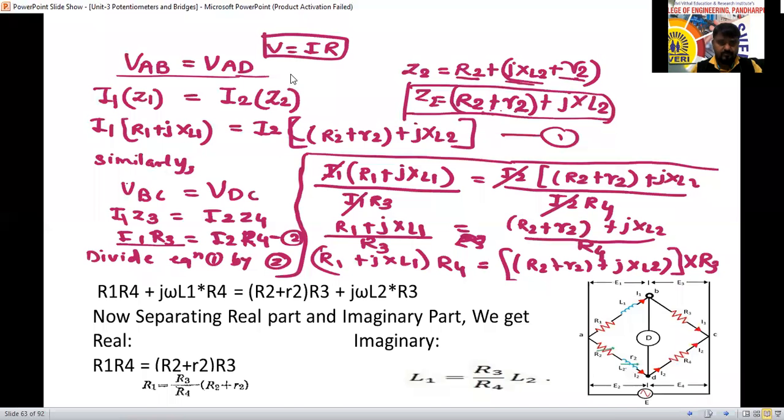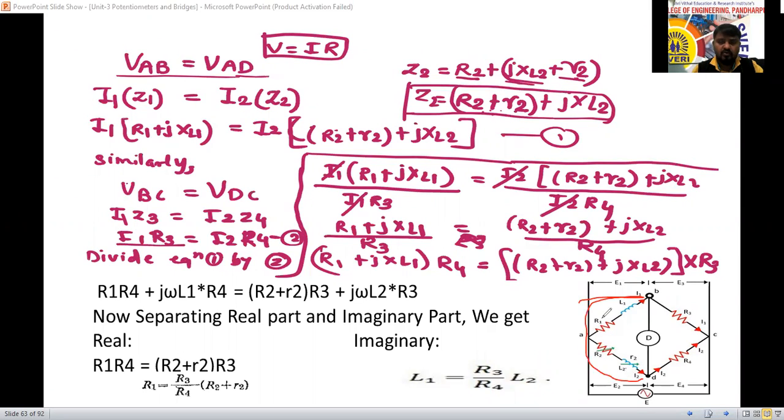See here, V equal to IR formula, we know that. If we can't use it directly, we have to use this. We know that at balanced condition, the voltage drop across VAB equals VAD. When the bridge is balanced, this voltage is equal to this voltage.